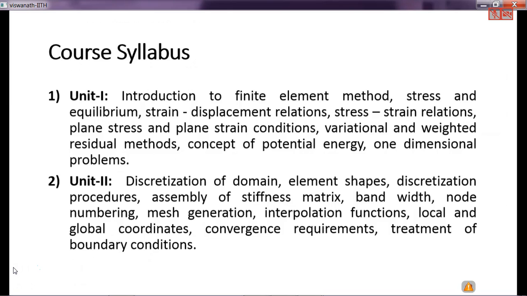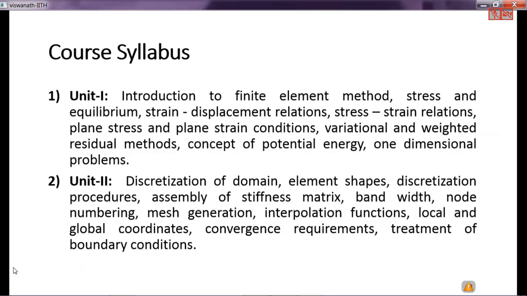The mechanical equilibrium says, as you might have studied in your statics or in the first year or second year, that the total sum of the forces acting on a given object has to be equal to zero. Okay, that is what is called Newton's first law, which says linear momentum balance.